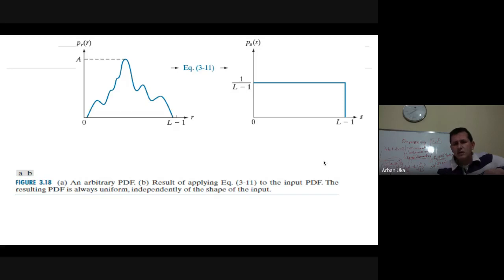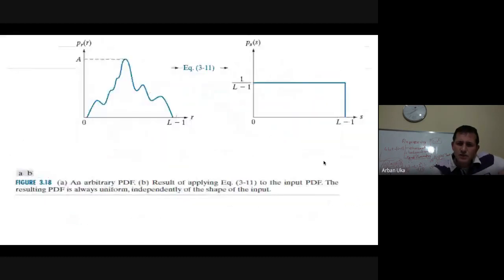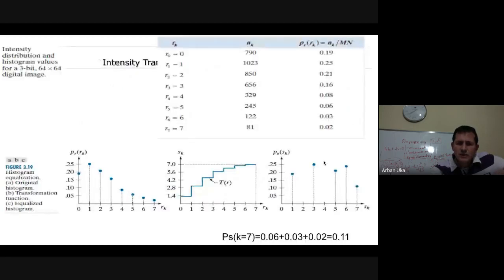You want equal probability, so the probability for each of the 10 can be 10%. So 1 out of 10 times 10, we get a probability of 1. If you look at image D on the very right side, we see a probability almost equal. So this is very close to what we're trying to do here in figure 3.18 by looking at how we have spread out these values.